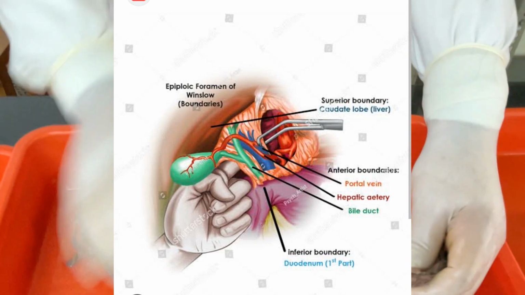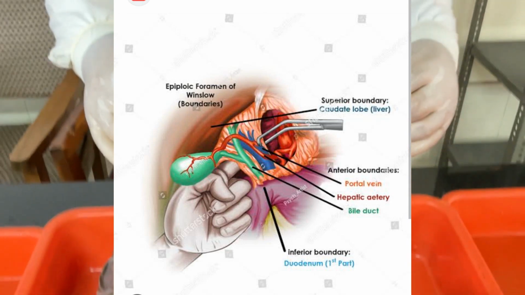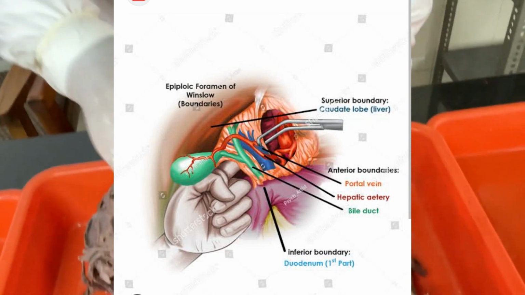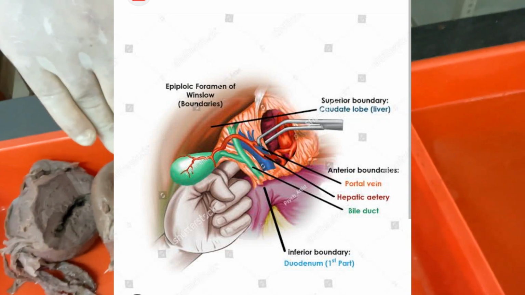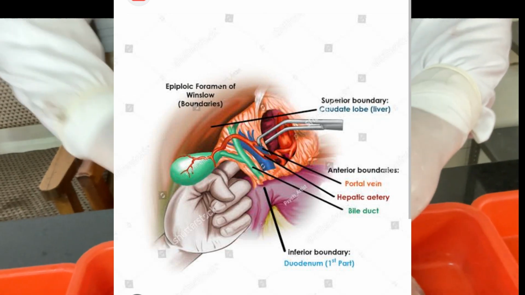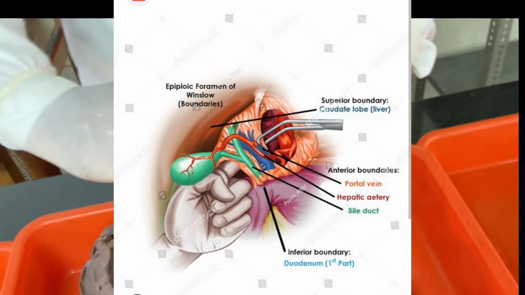What lies posterior to the stomach is the lesser sac. The lesser sac communicates with the greater sac through the epiploic foramen. So what are the boundaries of the epiploic foramen? We have the free margin of the lesser omentum anteriorly, and the inferior vena cava posteriorly. Superiorly there is the caudate lobe of the liver, and inferiorly there is the first part of the duodenum.